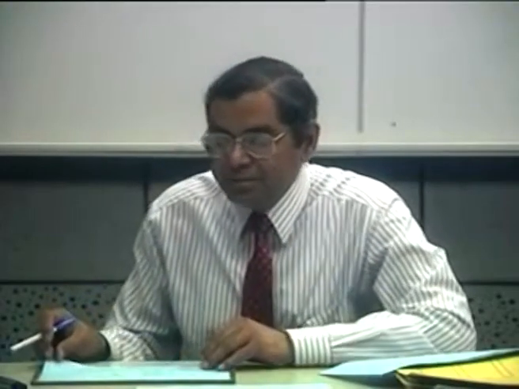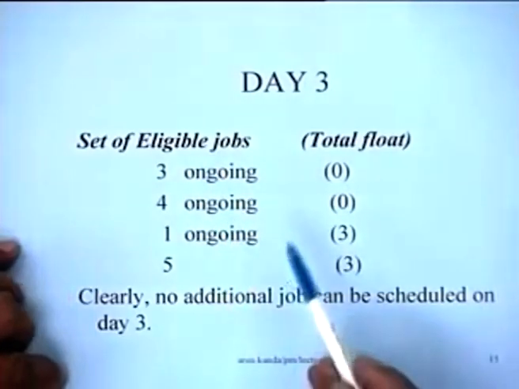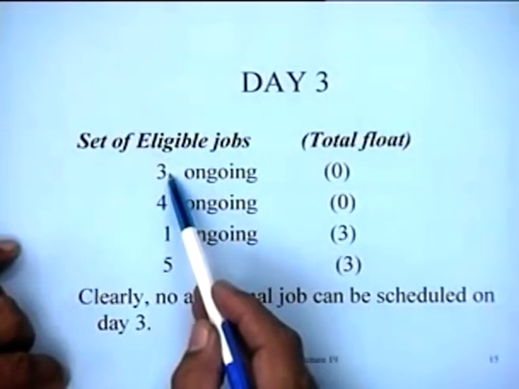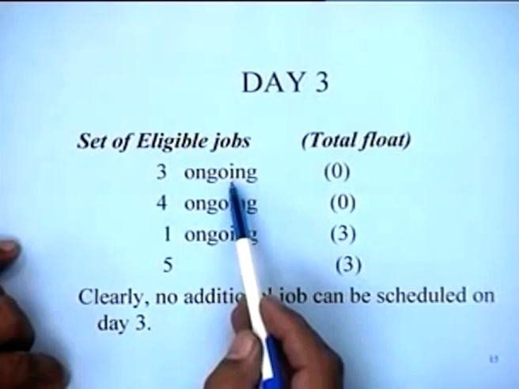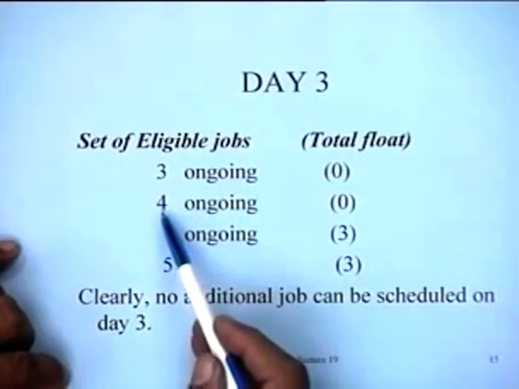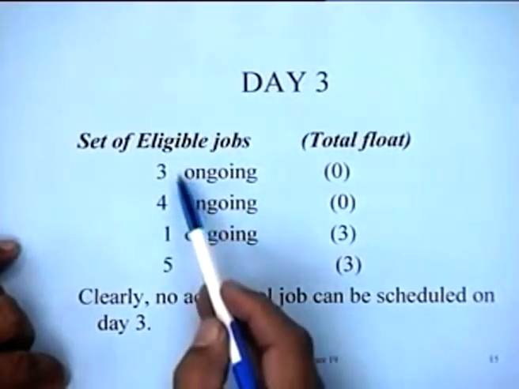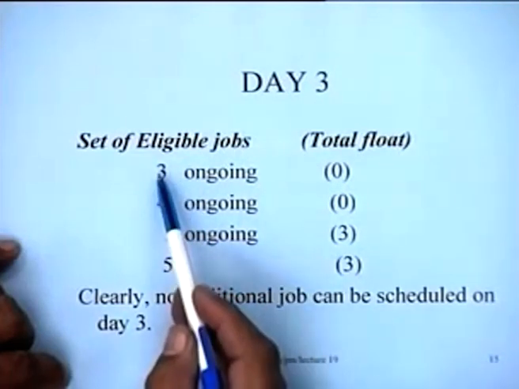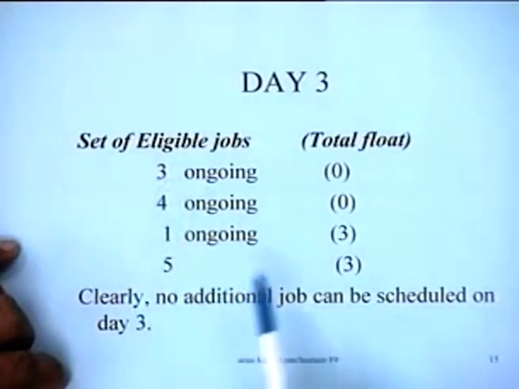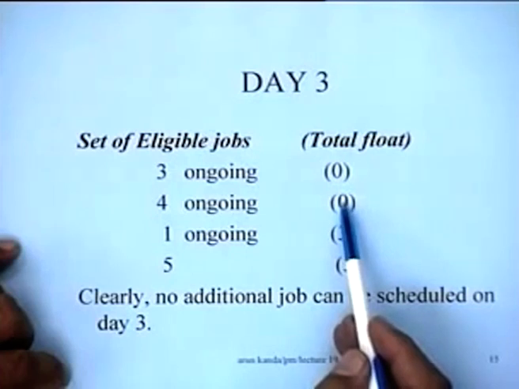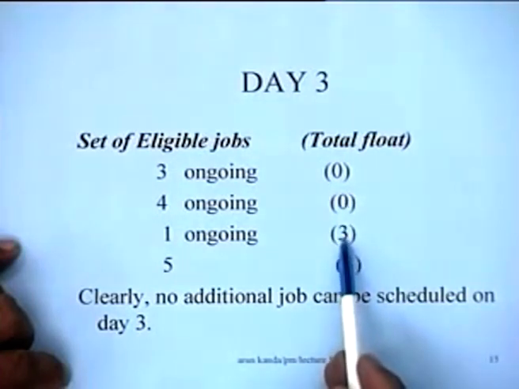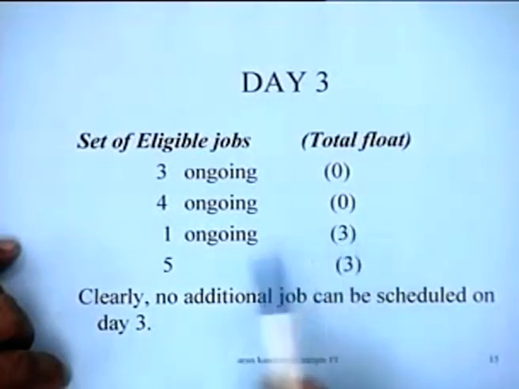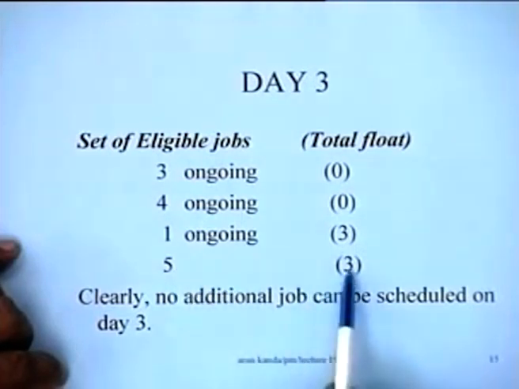On day 3, when you look at the whole thing, 3 is an ongoing job because we had scheduled it in the previous period. 4 is ongoing and 1 is ongoing because these were the 3 jobs that were scheduled earlier on day 2. This was a critical job, this was a critical job, and this particular job had a float of 3 days. And 5 now has a float which is 1 day less than what it previously had.